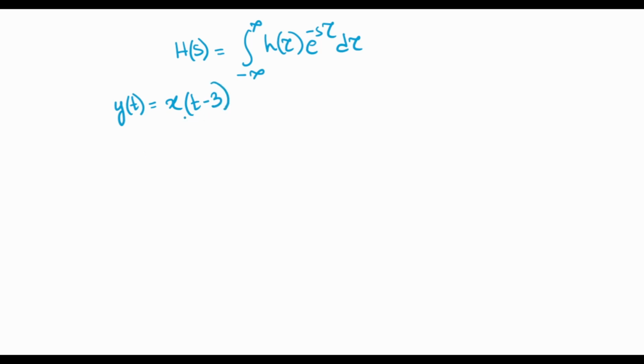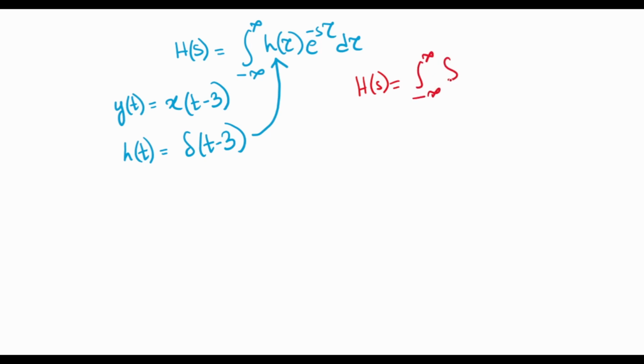We know that if we want to find the impulse response h of t, then we simply substitute delta as the input. So the impulse response h of t is equal to delta of t minus 3, which I can substitute here. So my eigenvalue H of s will be the integral from minus infinity to infinity of delta of tau minus 3 e to the power minus s tau d tau.